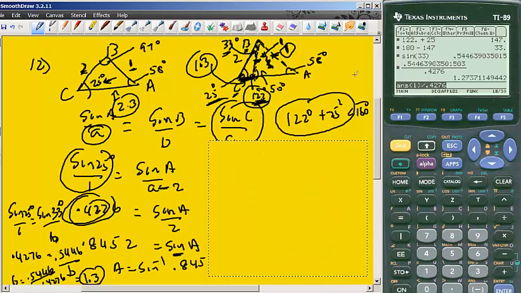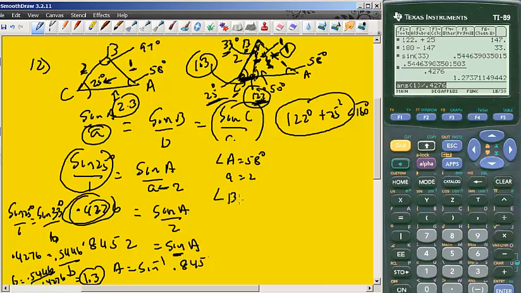On one triangle, angle A is 58 degrees, side A is 2, angle B is 97 degrees, and side B is 2.3. Then angle C is just 25 degrees, and side C is 1.